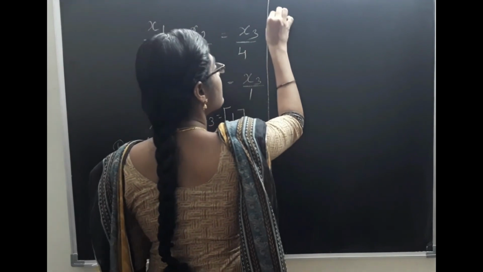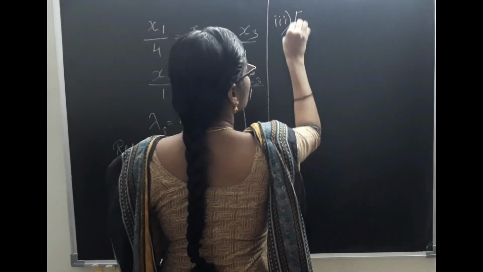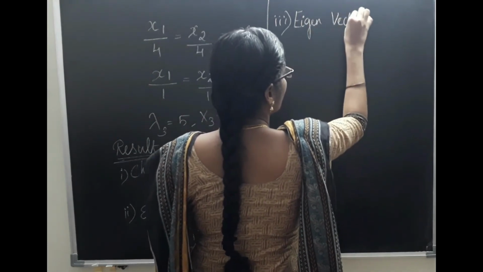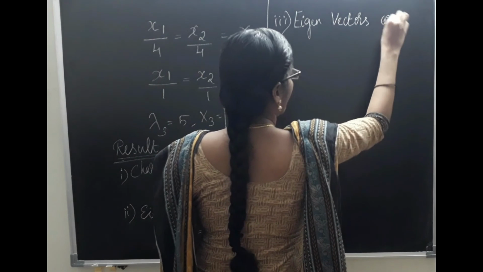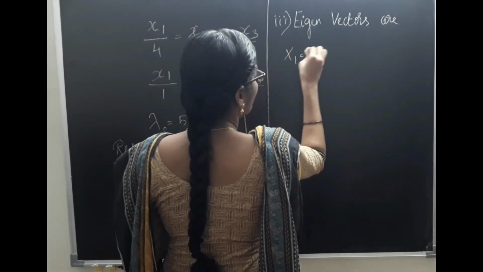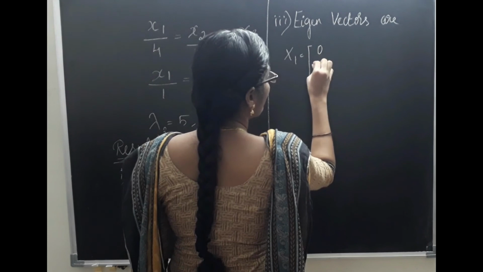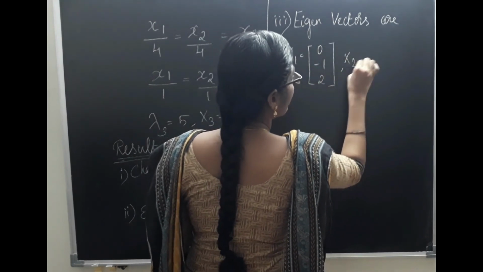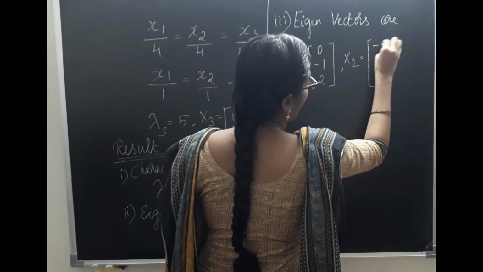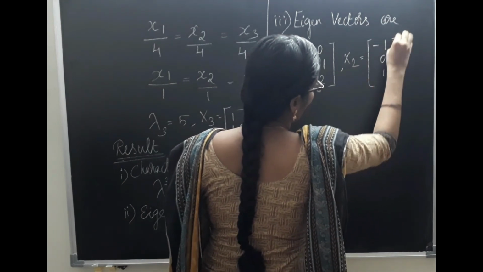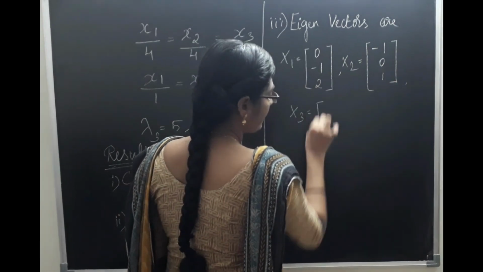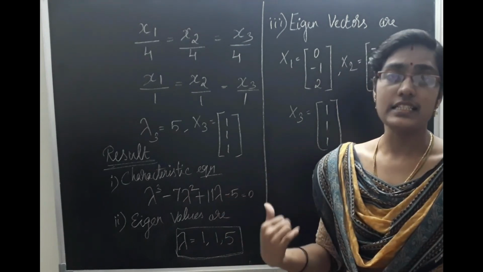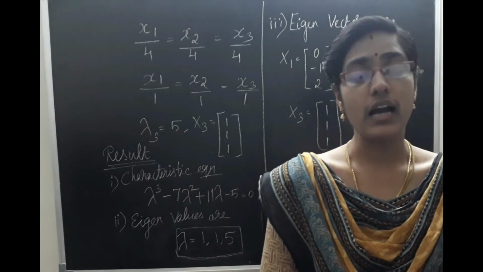And then the eigenvectors are x1 equal to 0, minus 1, 2, x2 equal to minus 1, 0, 1, x3 equal to 1, 1, 1. So don't forget to write the result like this, friends, because that also will carry marks.